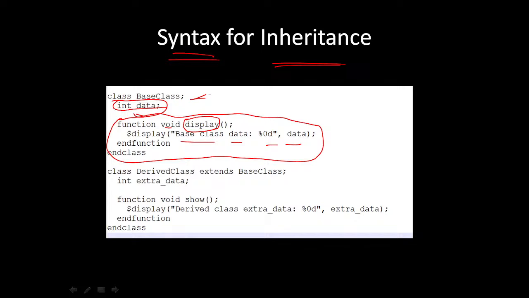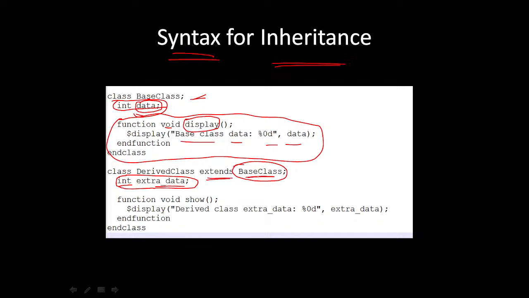Now we are deriving a child class, or derived class, from this base class. What is meant by deriving, or extending? This derived class can access the property data which is present in the base class, and it can also add some more properties. Here in this case we are adding int extra_data.